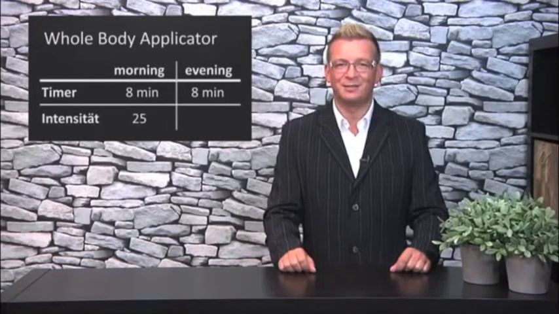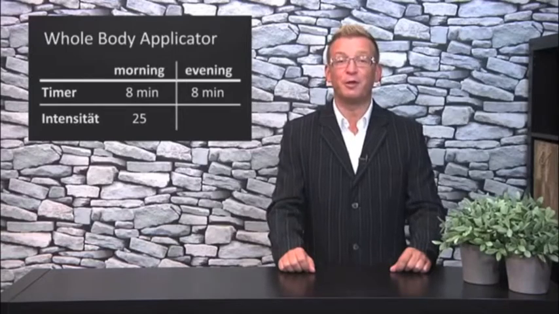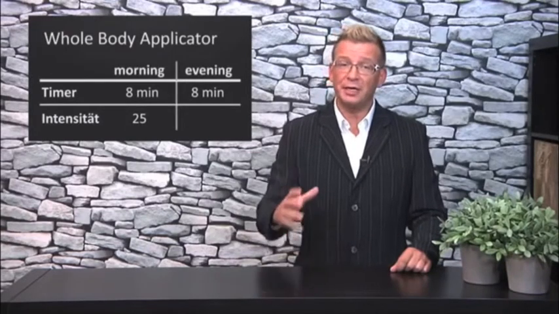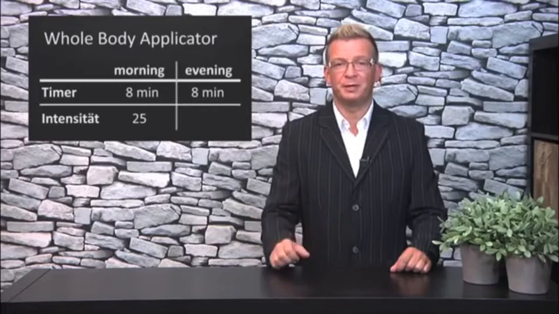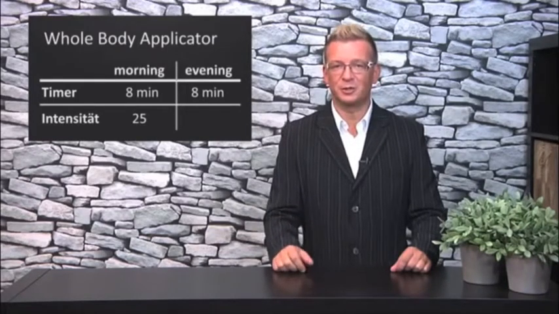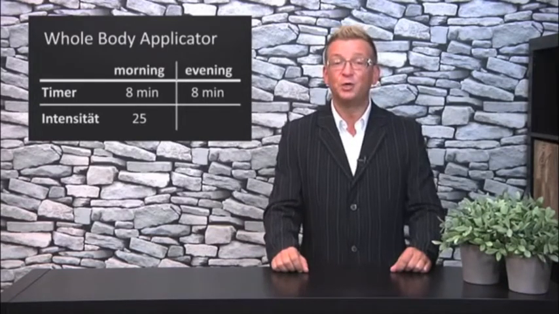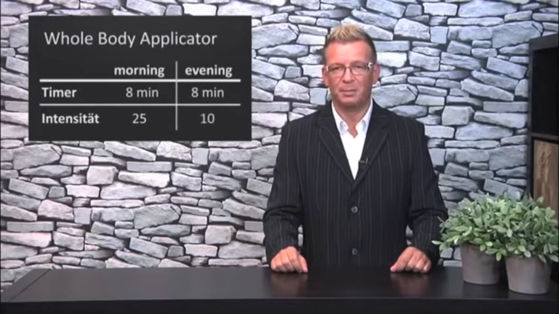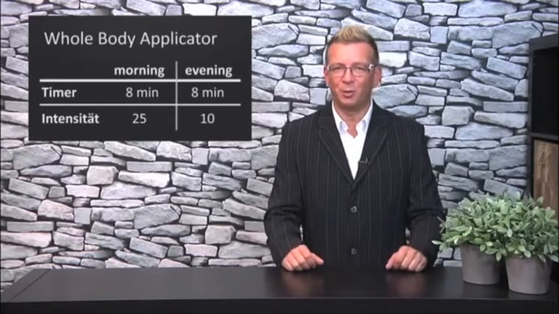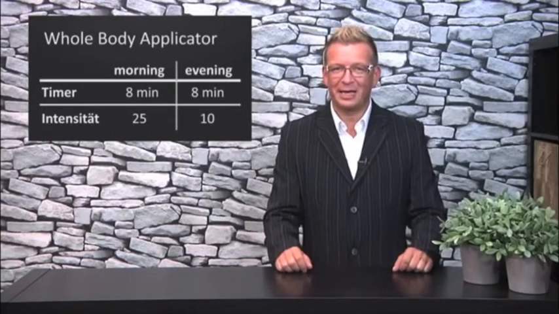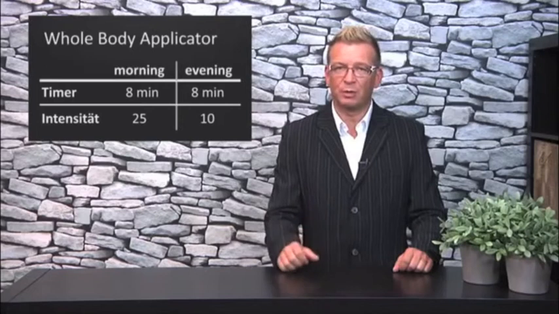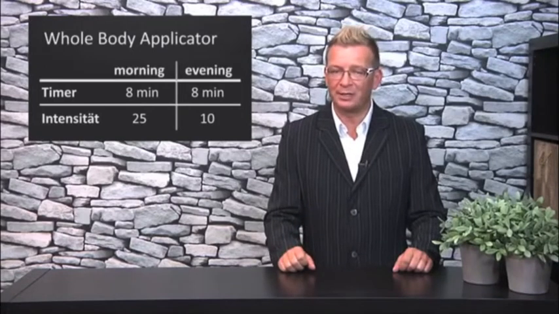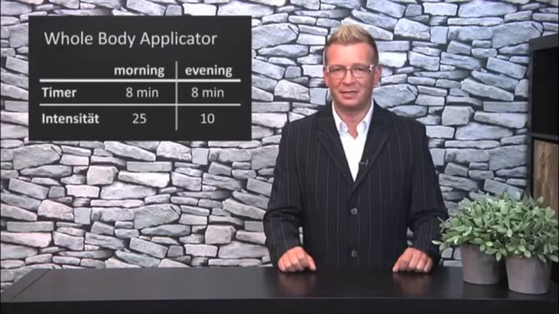For the evening session, you keep the application time on 8 minutes, but you decrease the intensity from 25 to 10. Usually in the evening, most people would like to relax, and we can reach that by using a lower intensity, in our case intensity 10.